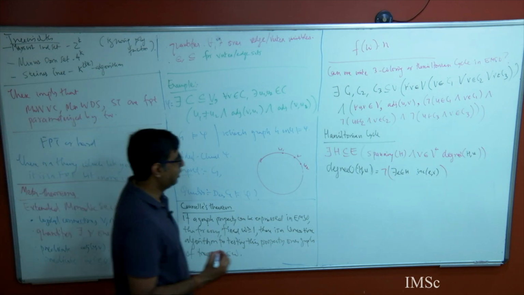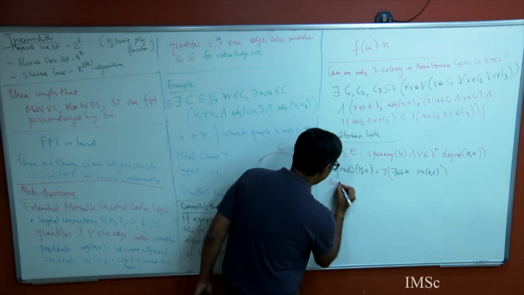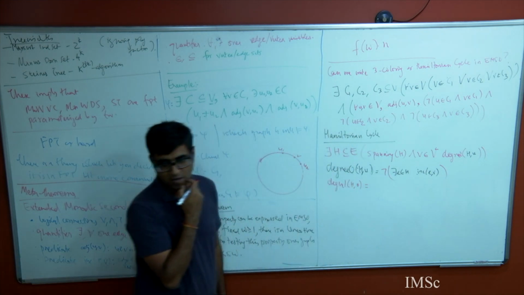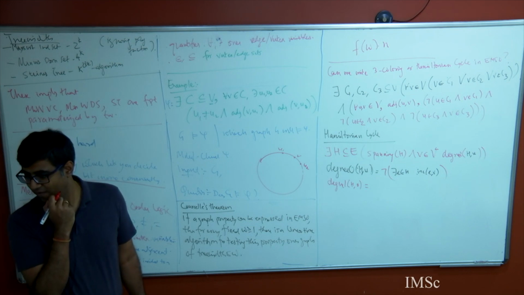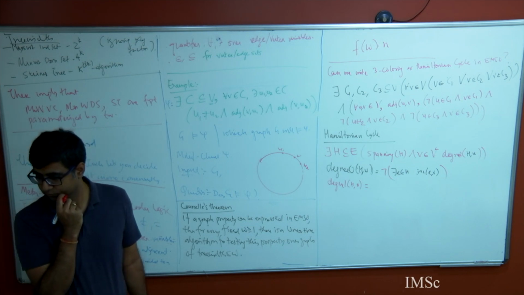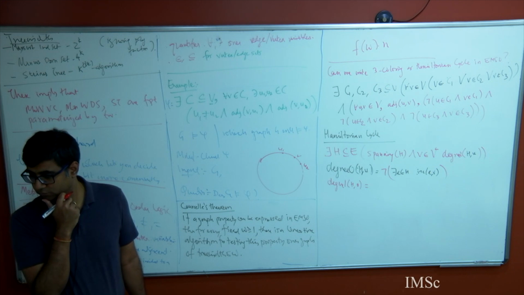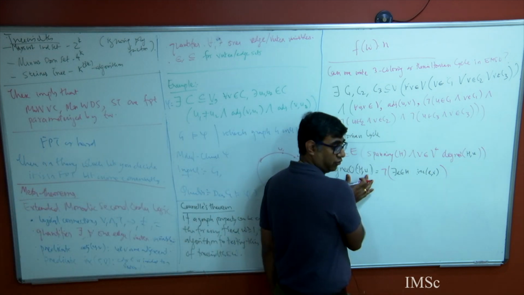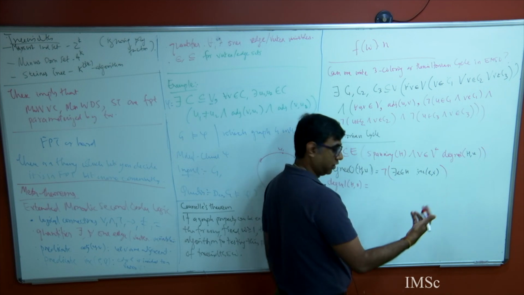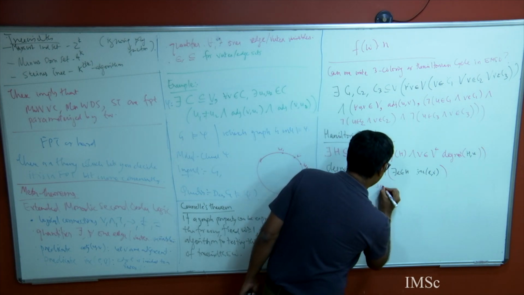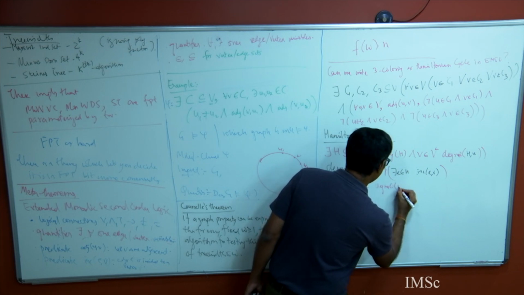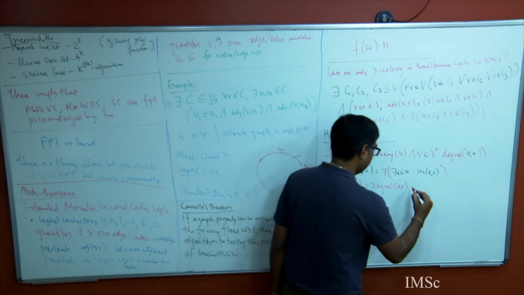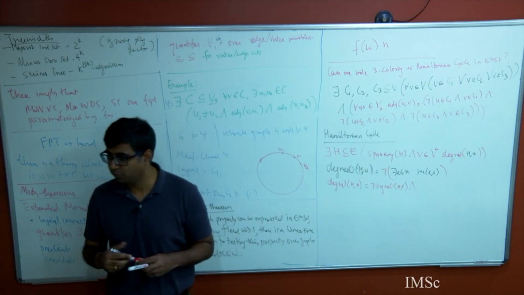And how will you write degree 1 of V? First of all, degree 0 of H comma V, not of this should be true. That will mean the degree is at least 1. And something else should be true. What should be true?